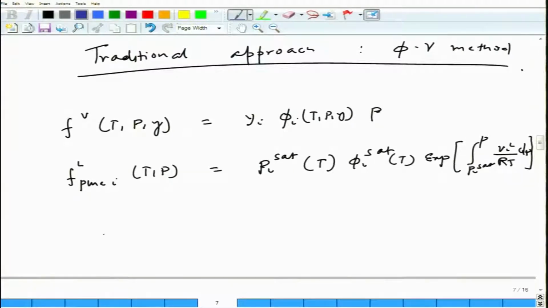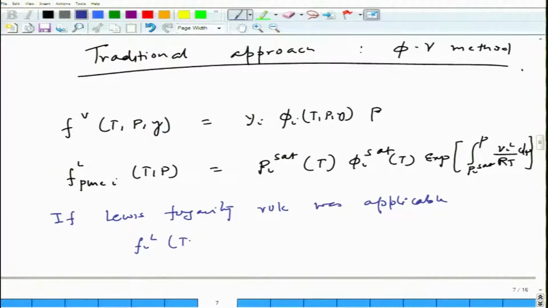Now, what we are going to do is deviate a bit from this and ask this question: if the Lewis fugacity rule were applicable, then we would have fiL(T,P,x) as xi times the fugacity of pure liquid i at T and P. That is what the Lewis fugacity rule says.